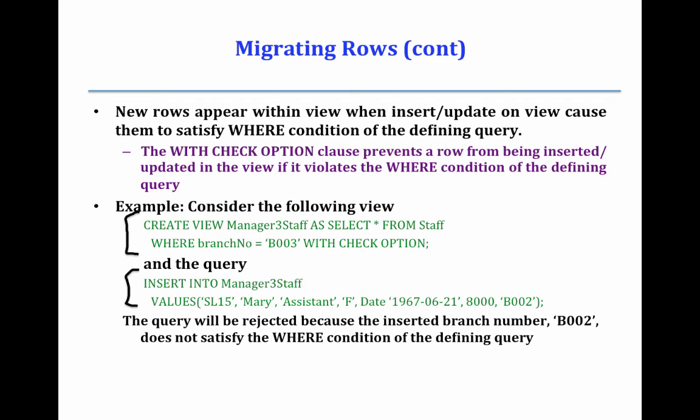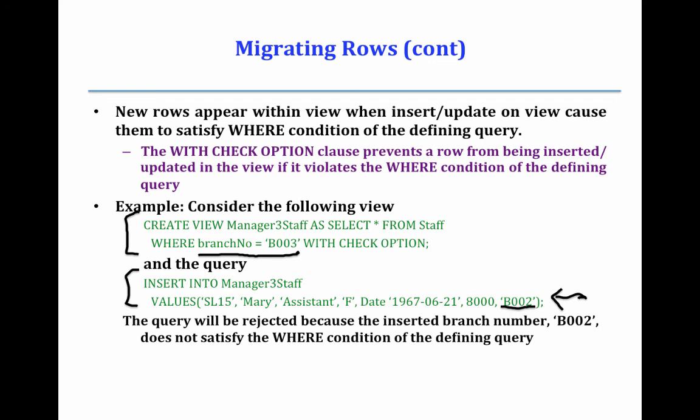Well, it turns out that this tuple right here, in fact, is a legitimate tuple in the underlying base relation. It can be mapped back into the underlying base relation. So it's a legitimate insertion. The problem is it violates the defining query right here. The branch number B2 is not B3. So it's a legitimate insertion back into the base relation, but it violates the defining query.